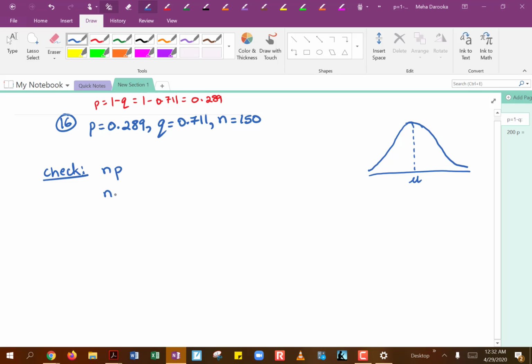So we are doing 150 times 0.289 and then 150 times 0.711, and these answers come out to be 43.35 for n times p, and for n times q we get 106.65. Both of these numbers are larger than 5, so we can use normal approximation over here.